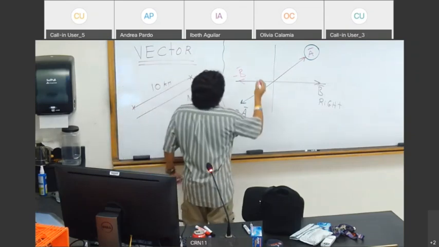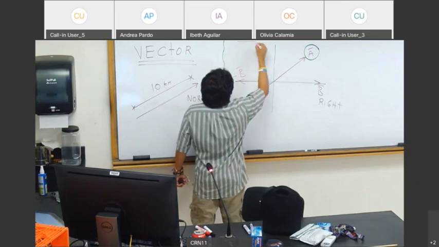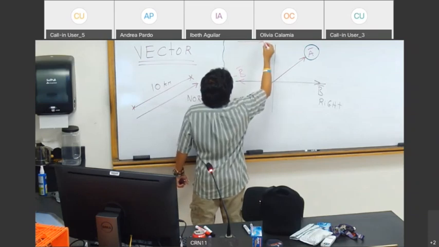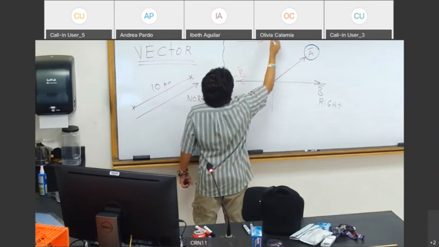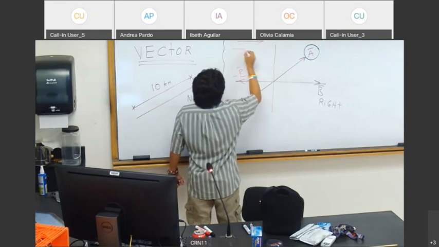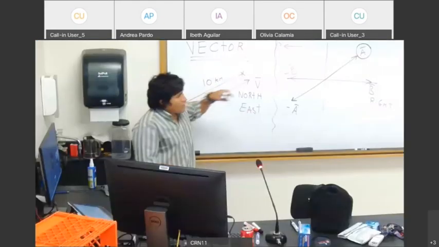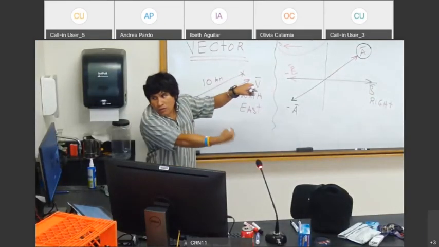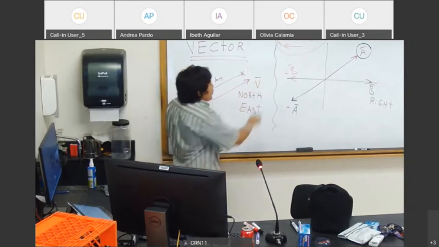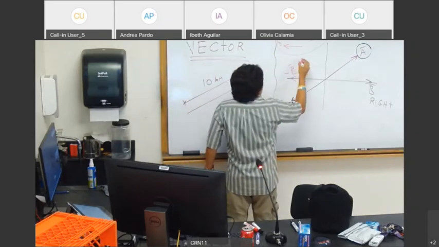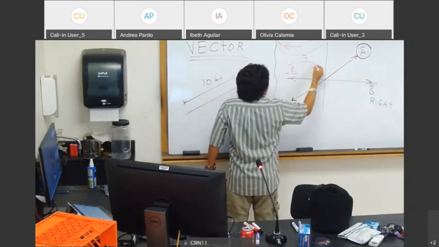A very easy way to see this is you can have one vector going like this. Let's say this is 10 units to the right, but then you have another vector here, which is 3 units to the left. The overall of these two, 10 going to the right and 3 going to the left, will be 7 to the right.